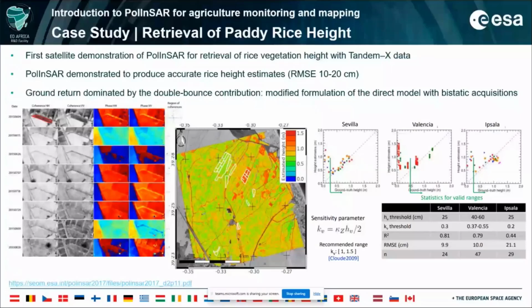This demonstrated that the production of accurate rice height estimates is possible with a small error. The TanDEM-X data is showing the performance over 3 different test sites, separated geographically and with different rice varieties, and along the whole cultivation campaign from sowing to maturation stage.